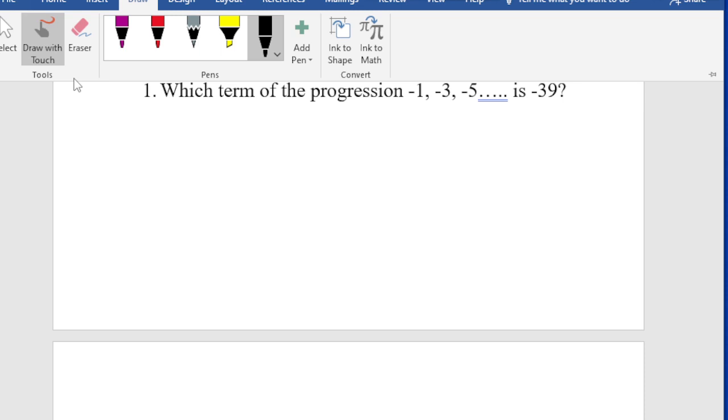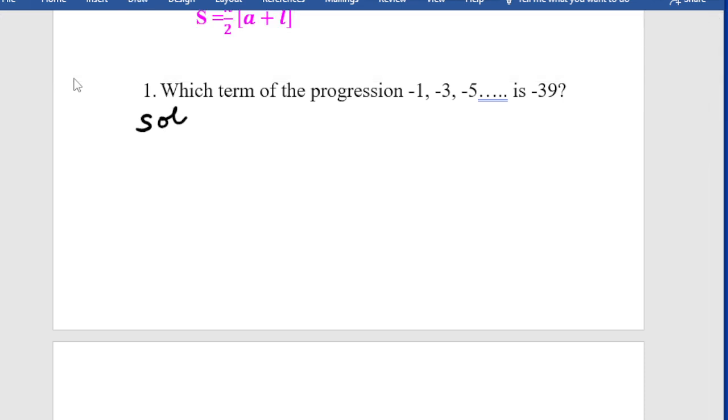Now let's solve this. From the given sequence, the first term a is minus 1 and the common difference you can find by subtracting any term by its preceding term. So here you can find minus 3 minus of minus 1.